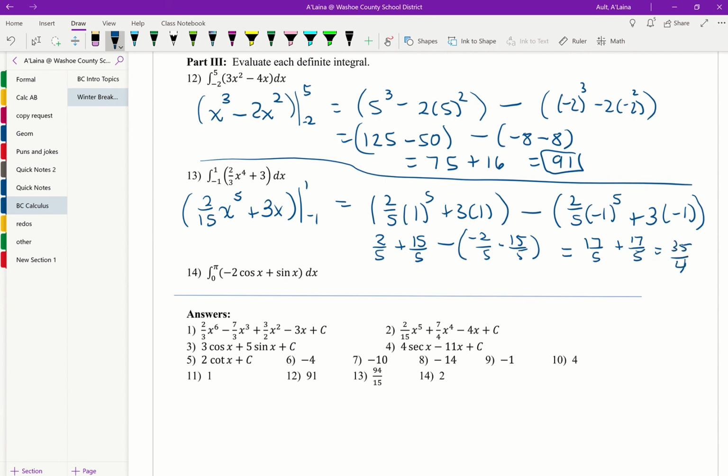Oh, this answer that I got earlier wasn't reduced. That is not either. What is that? Oh, that'd be 34. I don't know. Let's check it on the calculator and see.